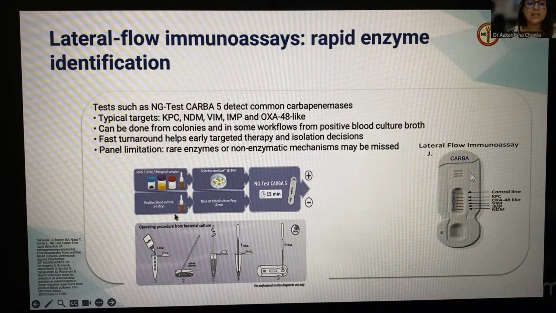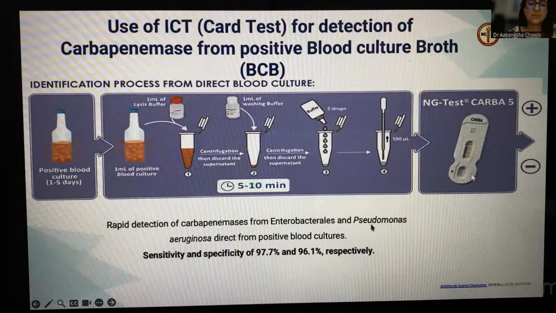And as you can see, once you have a pure colony, it is processed based on the manufacturer's recommendation, and the recommended drops are then put on this cartridge, and then it gives you the resistance, whichever is present. Similarly, it can also be done directly from the blood culture bottle.